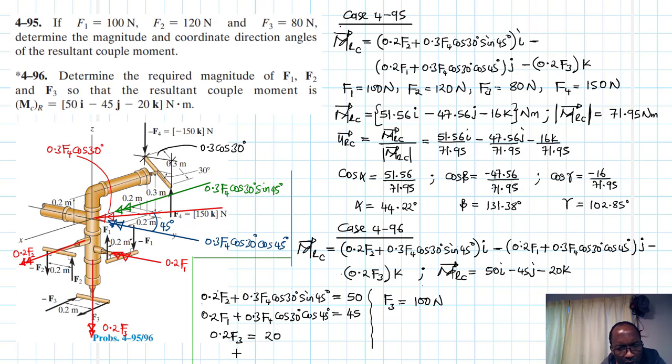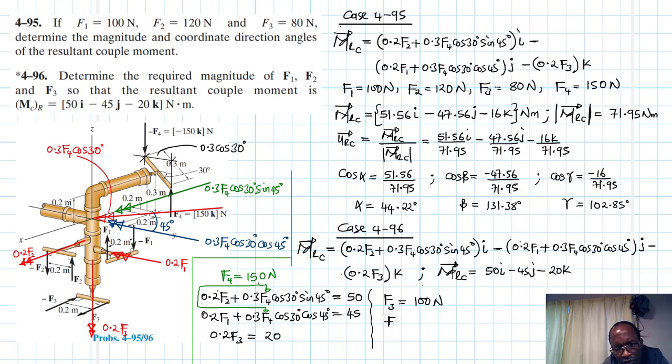Then we have F4 here. If you remember, F4 is already known: F4 is equal to 150 newtons. So just plug this in here so that we find what F2 is, and also plug it there so we find what F1 is.